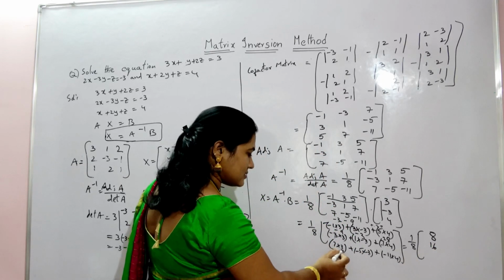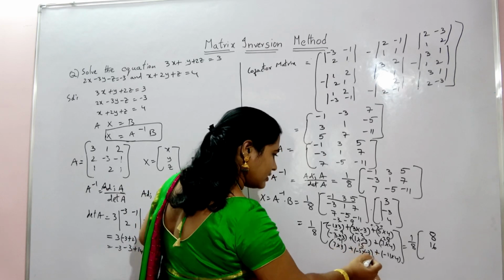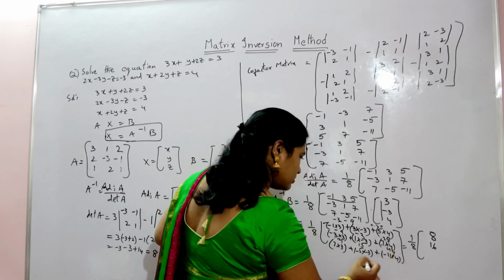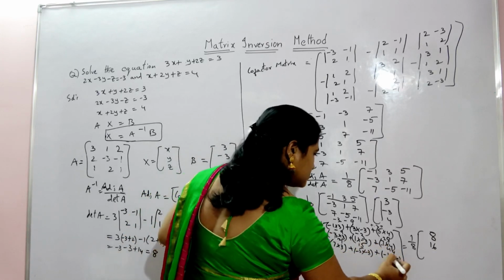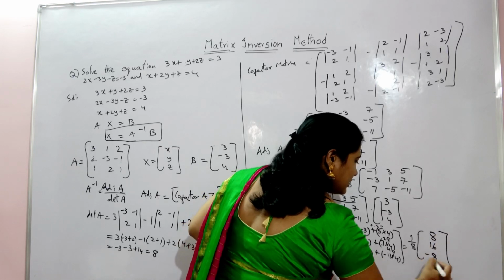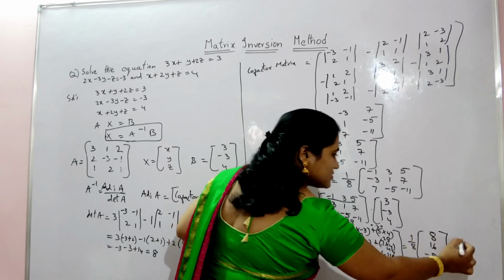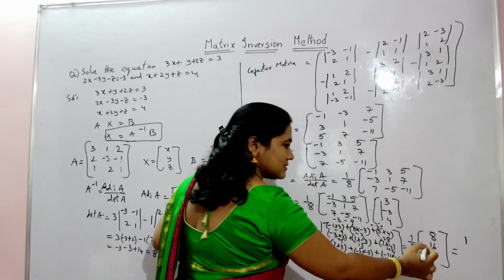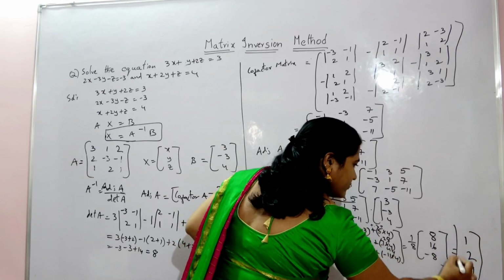And 21 plus 15 is 36, 36 minus 44 is -8. Then 8 by 8 is 1, 16 by 8 is 2 and -8 by 8 is -1.